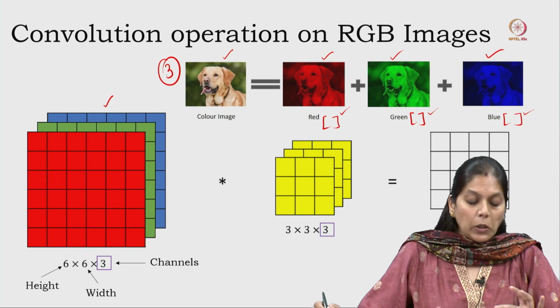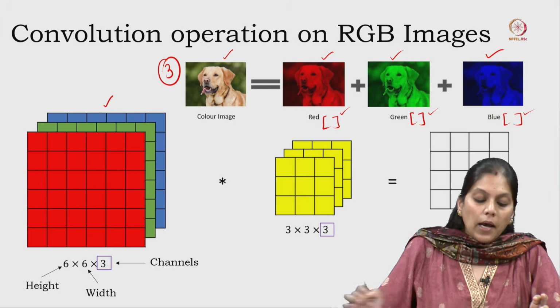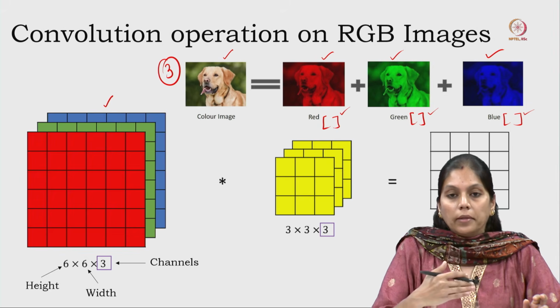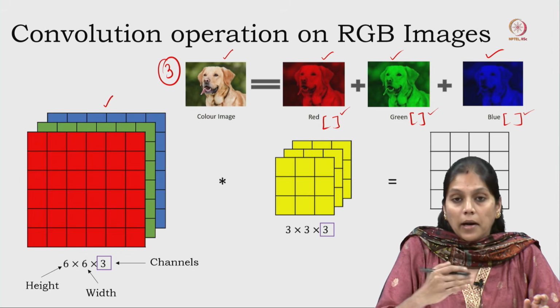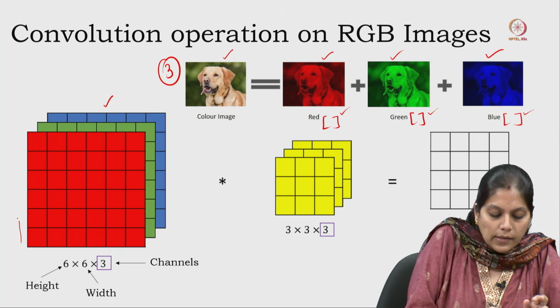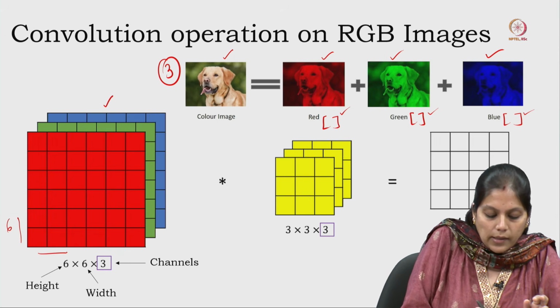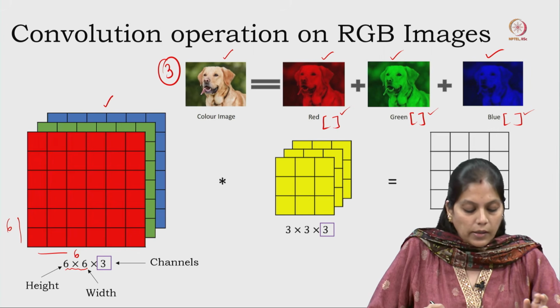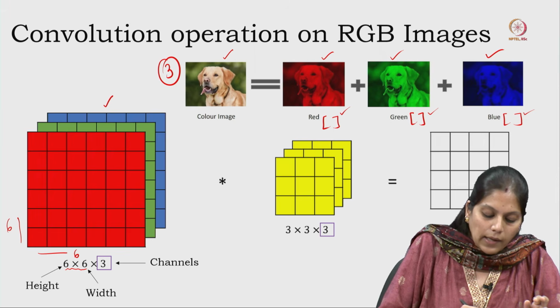Now, how do we read this image? Any image will have a dimension, a width and a height. Here the height is 6 and the width is 6, so that is the meaning of 6 cross 6. And what exactly is 3?